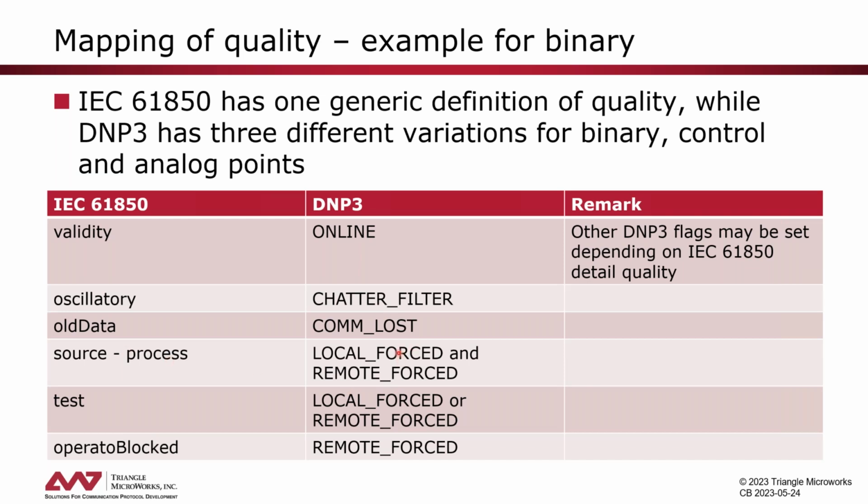In DNP3, that will be reflected with the DNP3 quality local forced and remote forced. Test or operator blocked, which are additional elements in IEC 61850, would also map: test would be either local forced or remote forced. Operator blocked would map on remote forced.